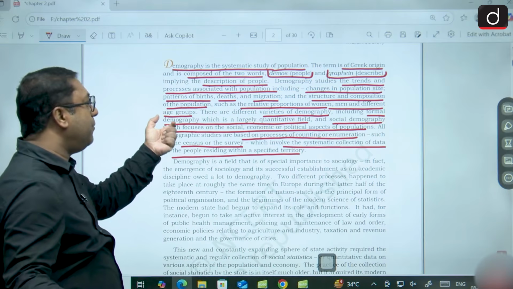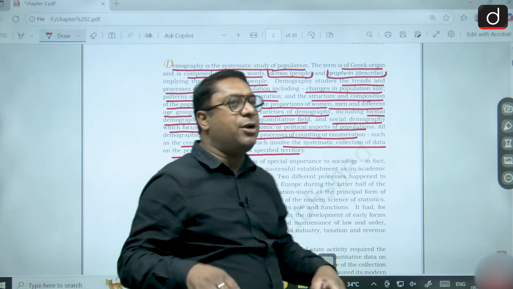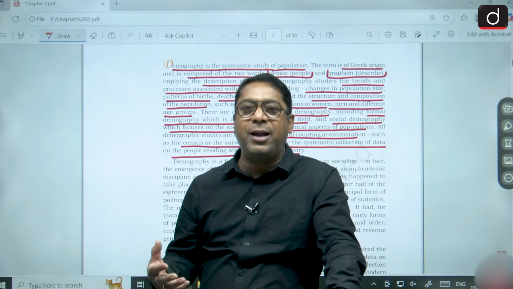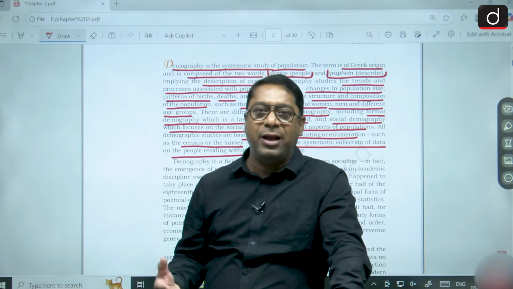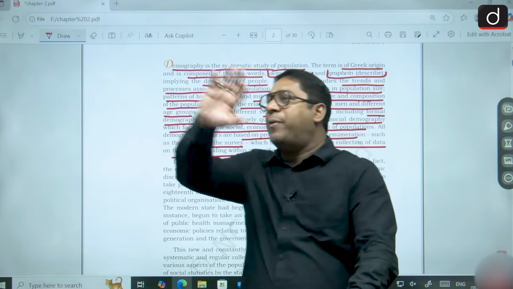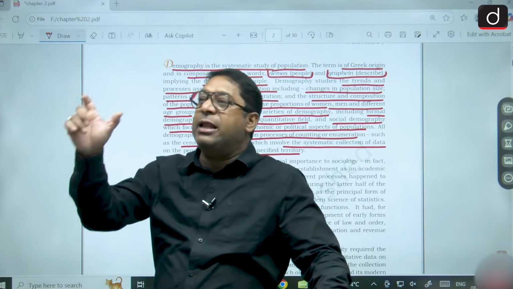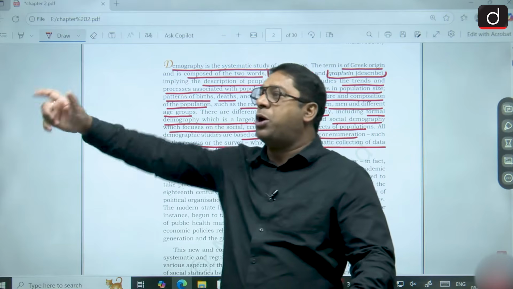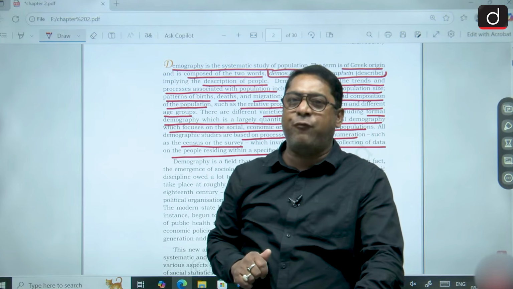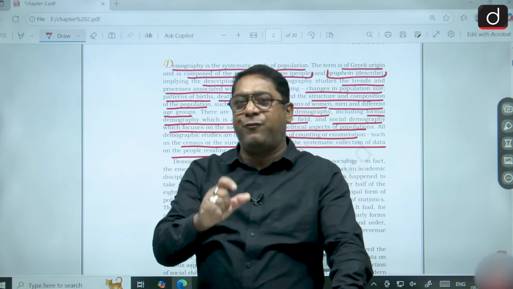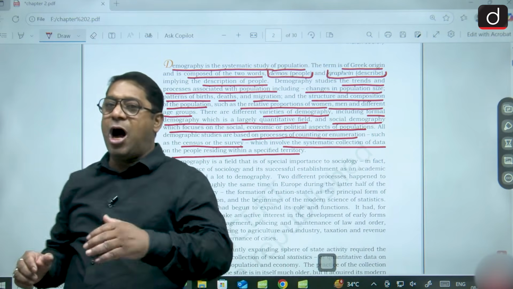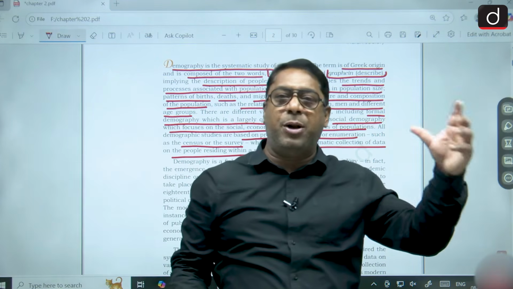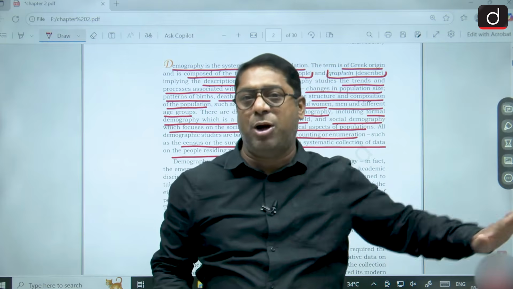And structure and composition of population, like for example, the proportion of women, men, and children in the overall population. If the overall population is 100%, and the proportion of men is, say, 60%, then what is the proportion of women? Say 40%. And out of that 60% men, how much are above the age of 60, how much are between 15 and 16, how much are below the age of 60.